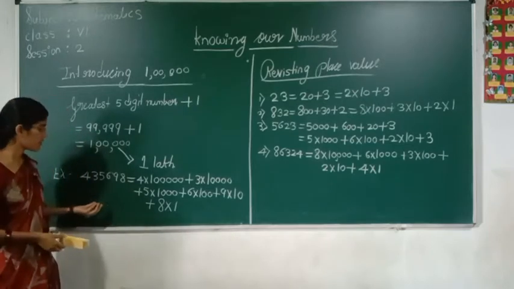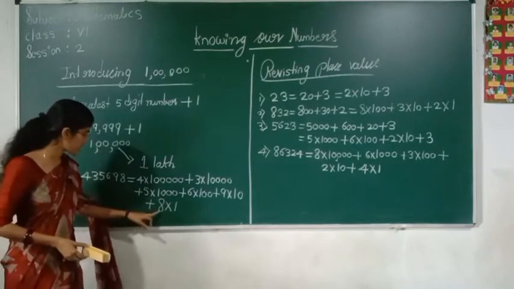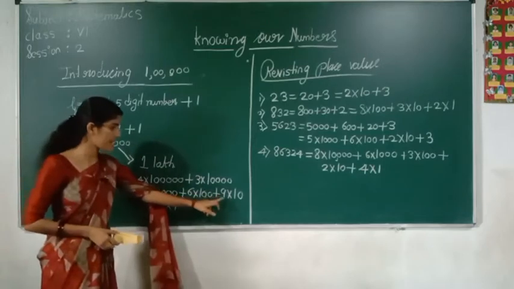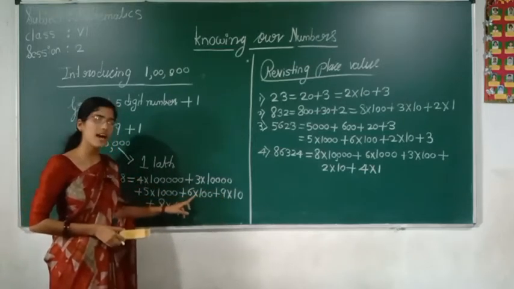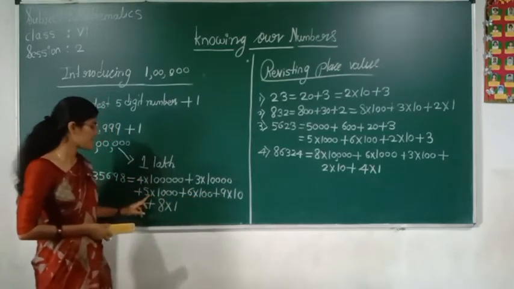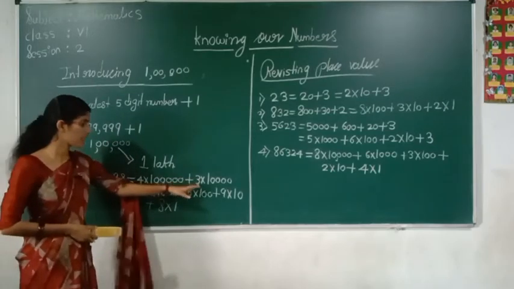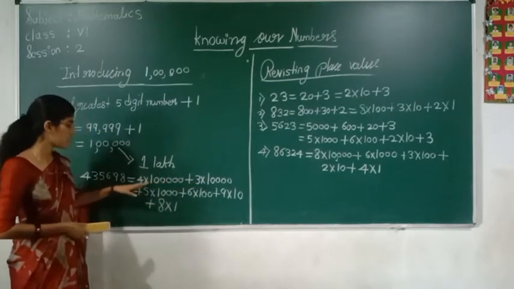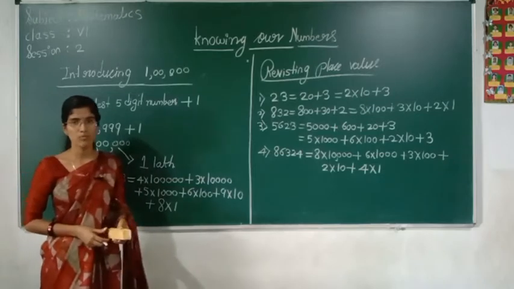Yes or no? Now we can say here that 8 is at the ones place, 9 is at the tens place, 6 is at the hundreds place, 5 is at the thousands place, 3 is at the 10,000s place, 4 is at the 1 lakhs place.